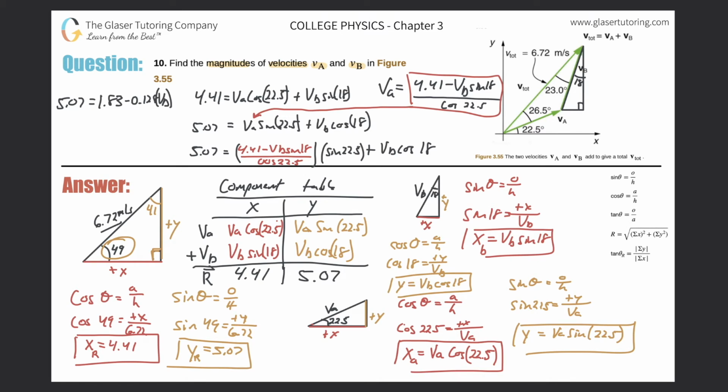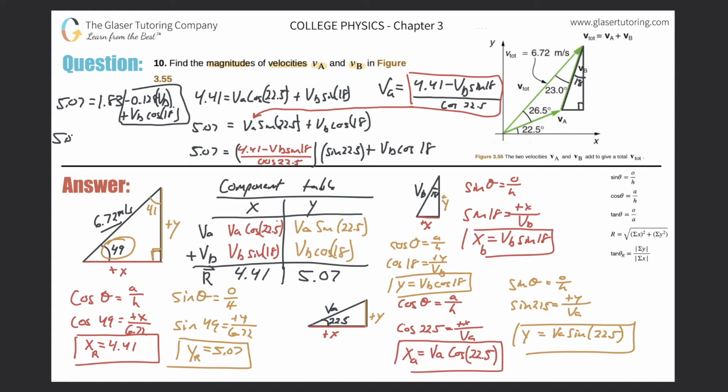That's my variable. And then it's still plus VB cosine of 18. Since these are like terms, we can add these two together.